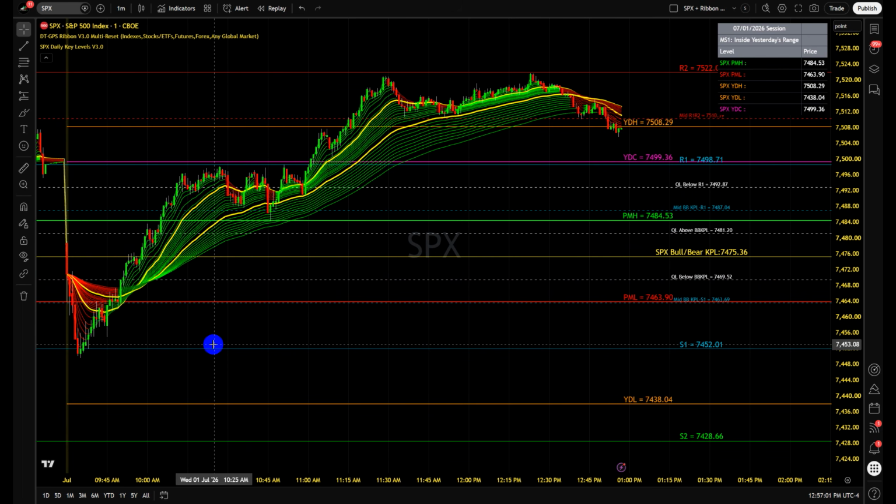As far as targets on regular and scalp trades off of main key levels, bull bear KPL R1 through R6 or S1 through S6, a regular scalp only trade is a one level target calculated from the level the trade is based on.